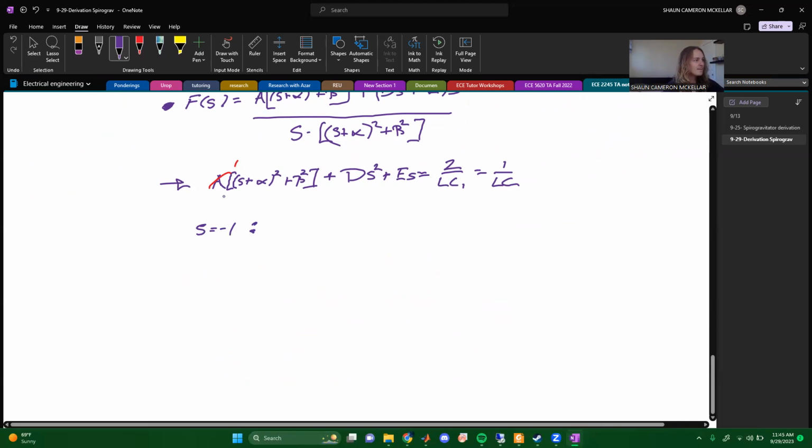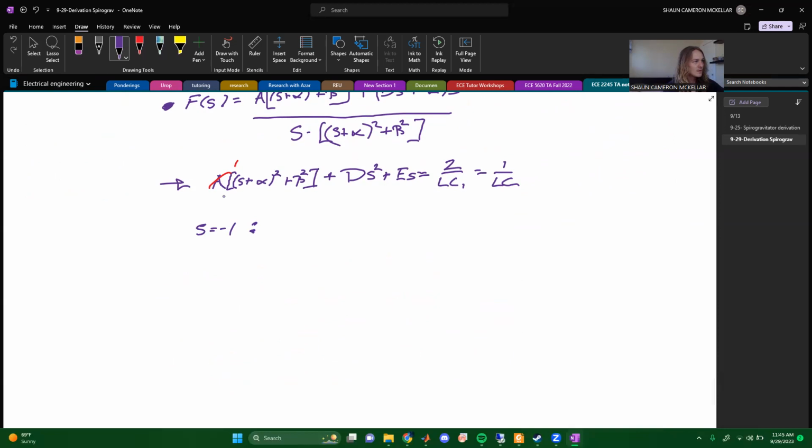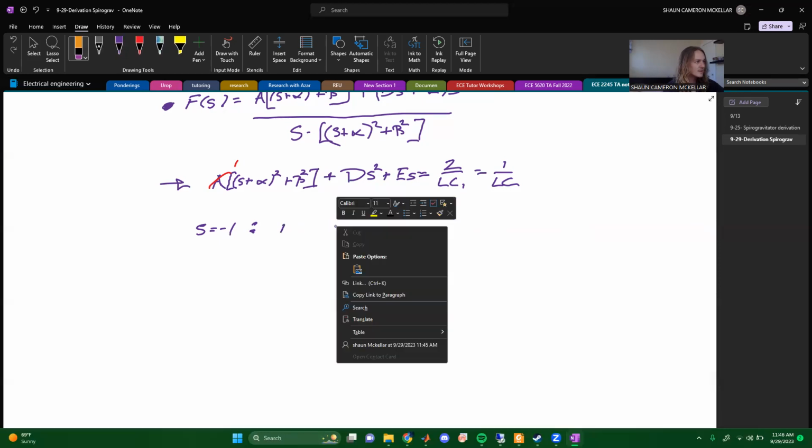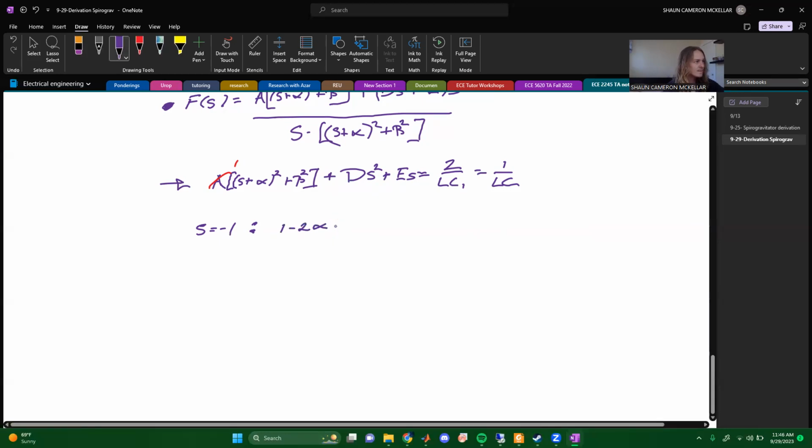So what we're going to get is, yeah, how do I want to express this? We have -1 plus alpha squared. And so I'm going to break this term out, because that'll be -1 times -1 minus, so that's +1, minus 2 alpha, plus alpha squared plus beta squared.